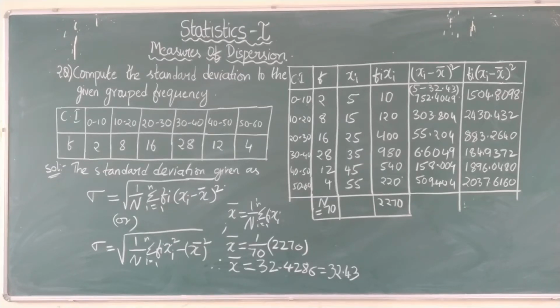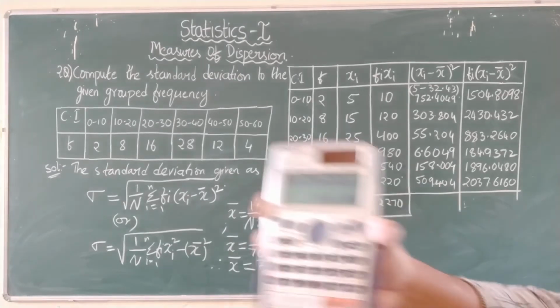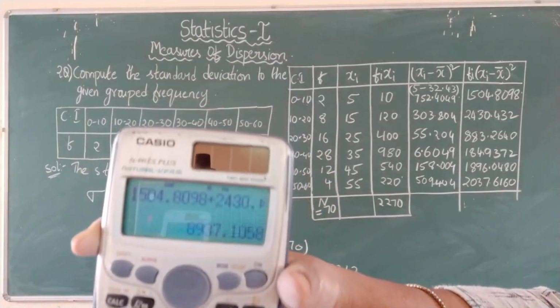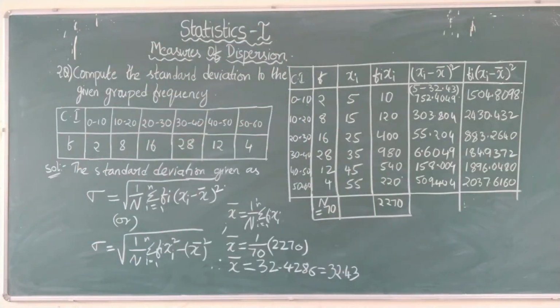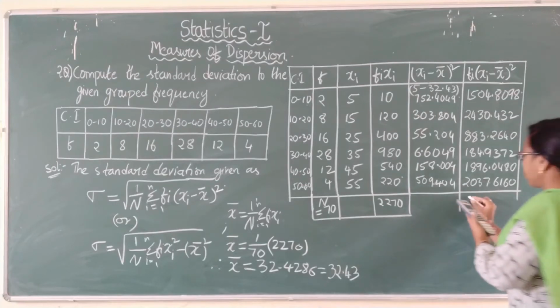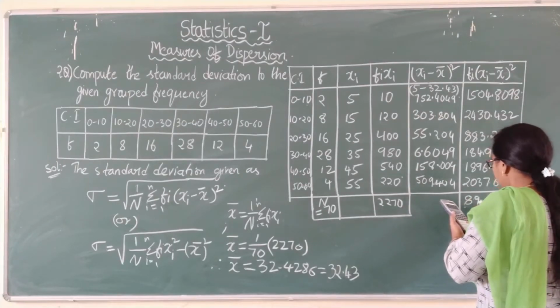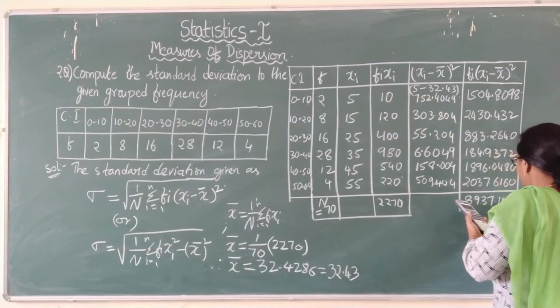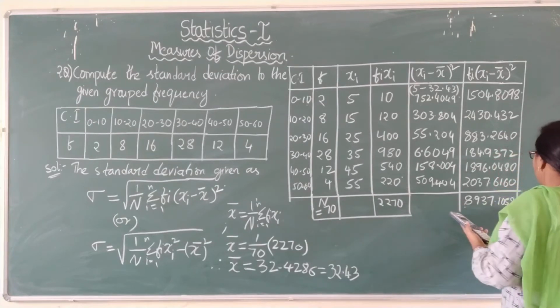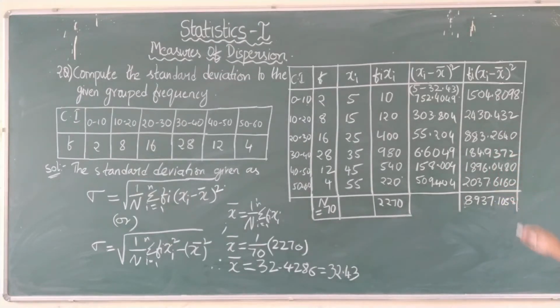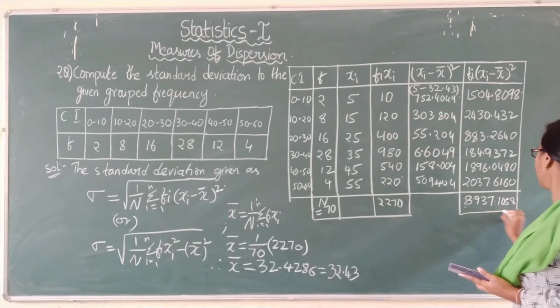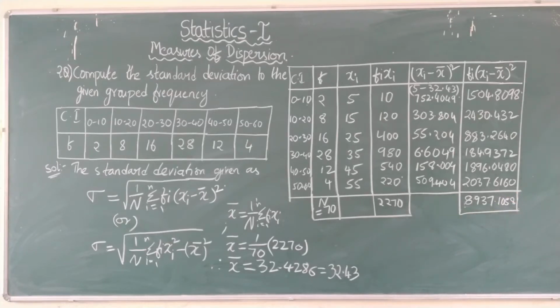So the total you will be getting as 8937.1058. Now we got the required fi into xi minus x bar whole square.